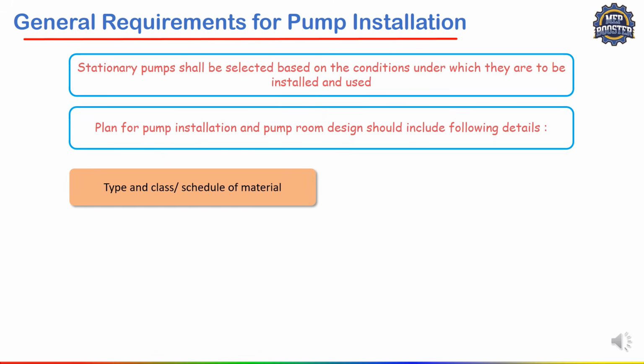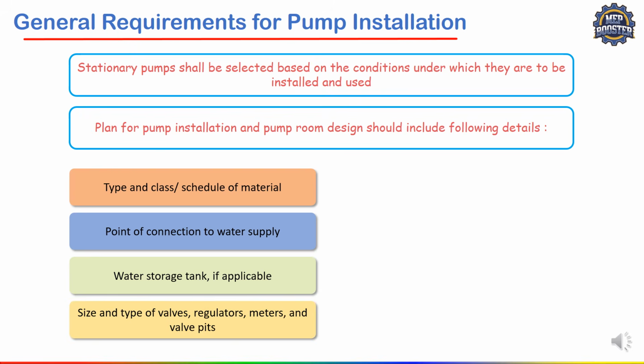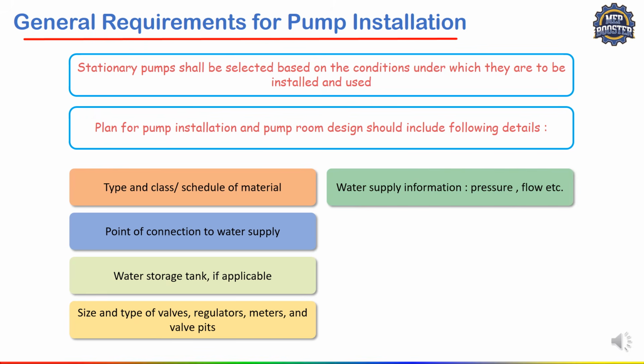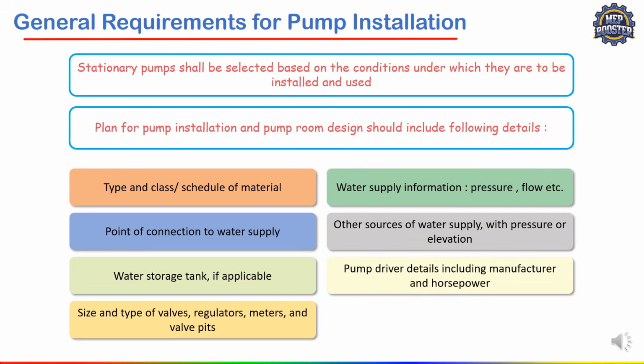See, the type of class, schedule of material is needed, point of connection to water supply, water storage tank if applicable, size and type of valve, regulators, meters and valve pits, even water supply information, other sources of water supply with pressure or elevations is needed, pump driver detail, voltage for electric motor driven pumps.